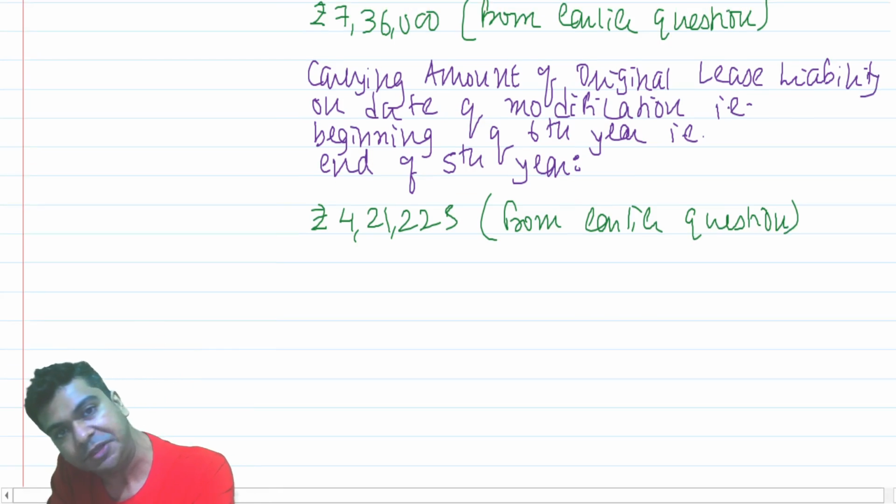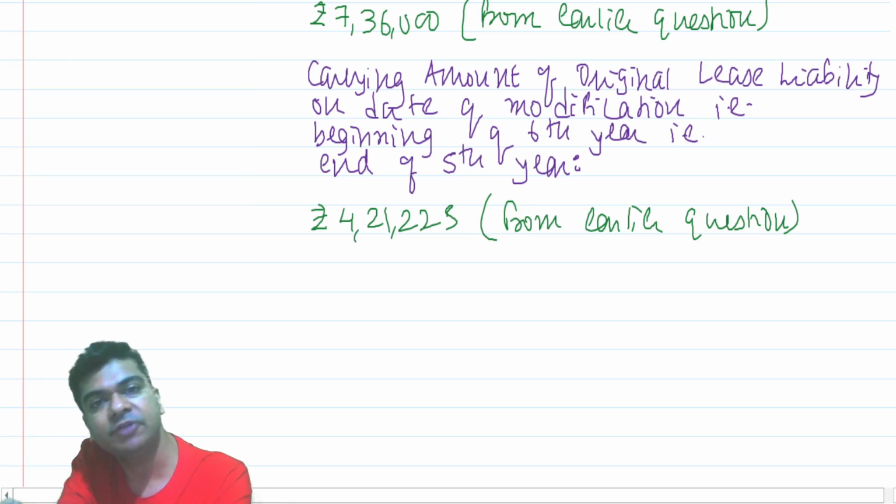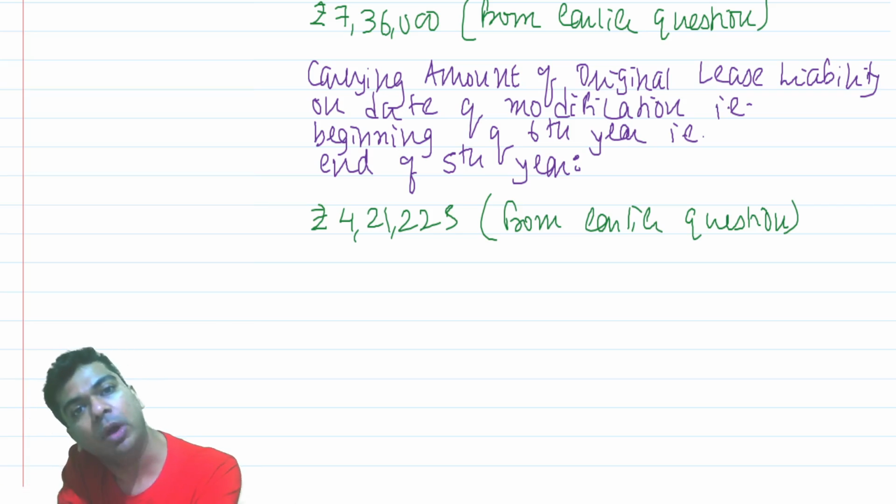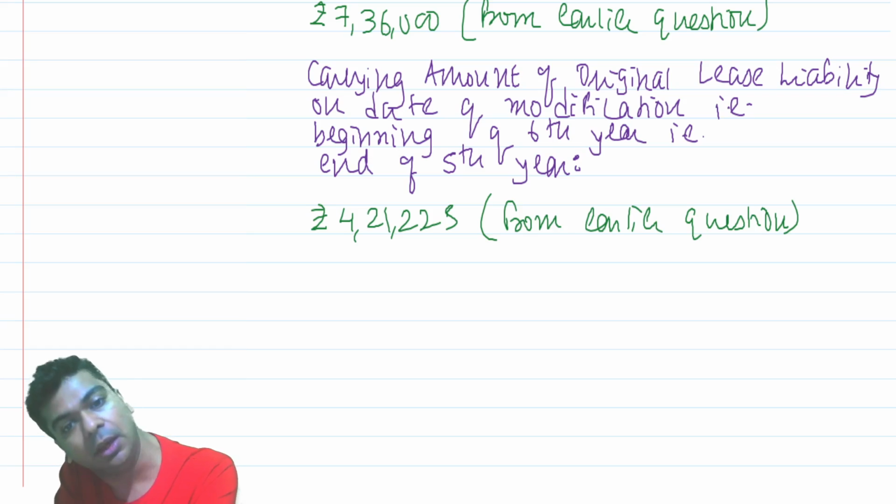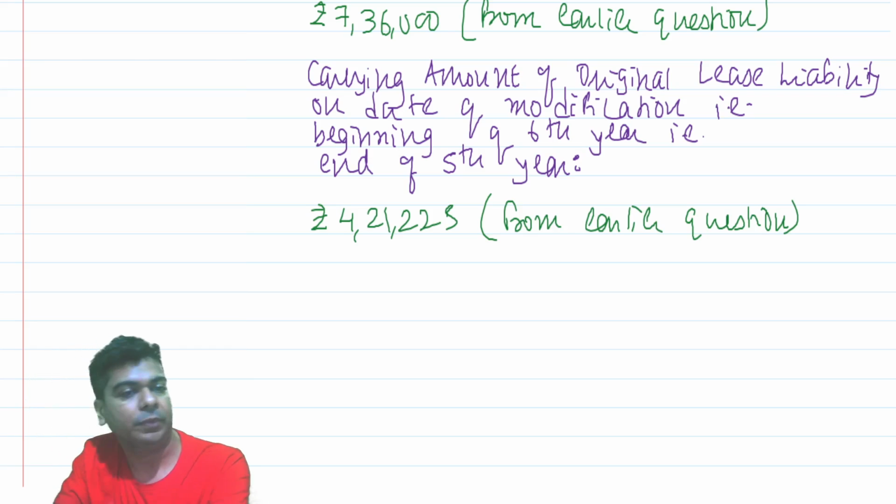Now what we are doing is we are going for additional 1,500 square meters, and for that additional 1,500 square meters additional lease rent will be payable. So we want to know what shall be the additional lease liability.